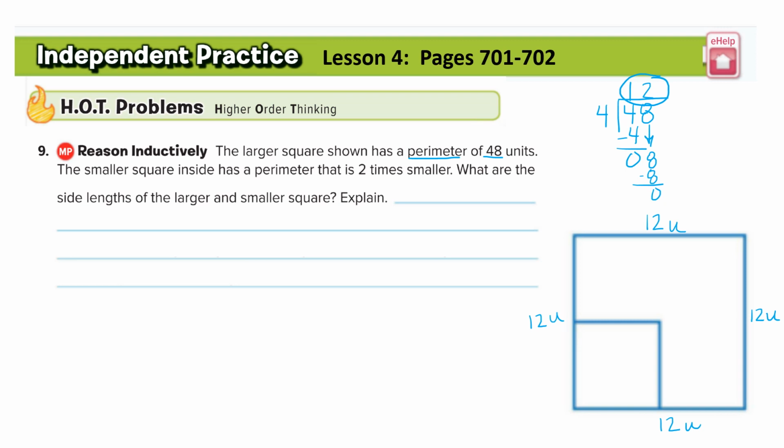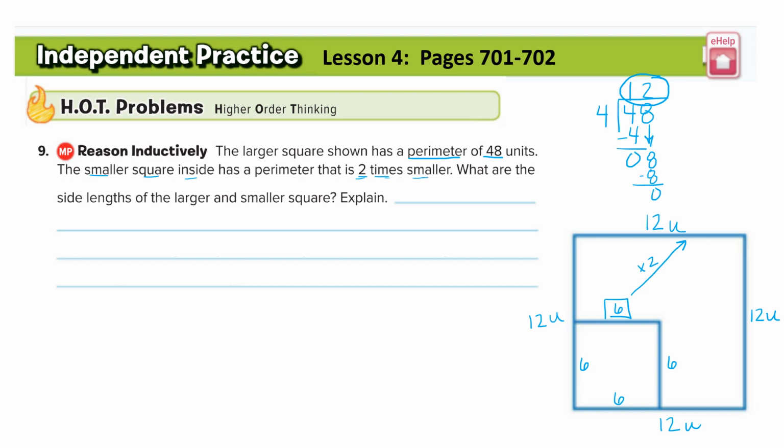Now the smaller square inside has a perimeter that is 2 times smaller. So that means whatever is here, I multiply by 2 to get 12. So what do I have to multiply by 2 to get 12? 6. So the sides of the smaller square are all 6.